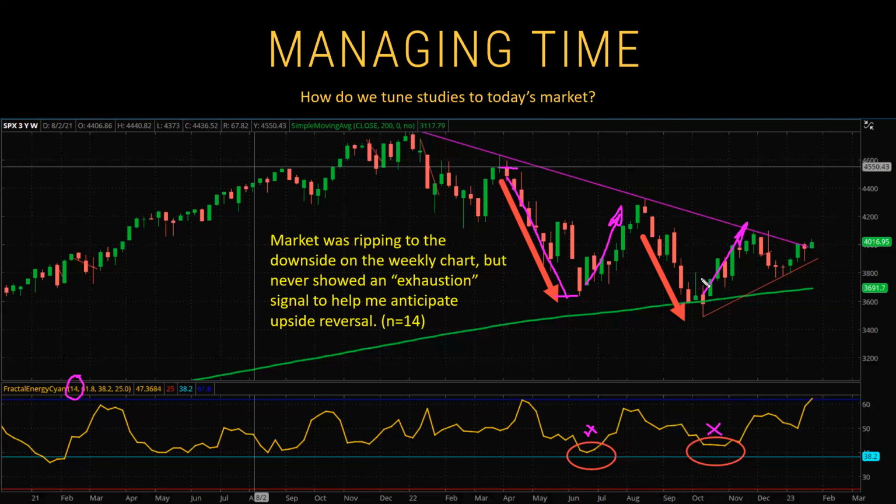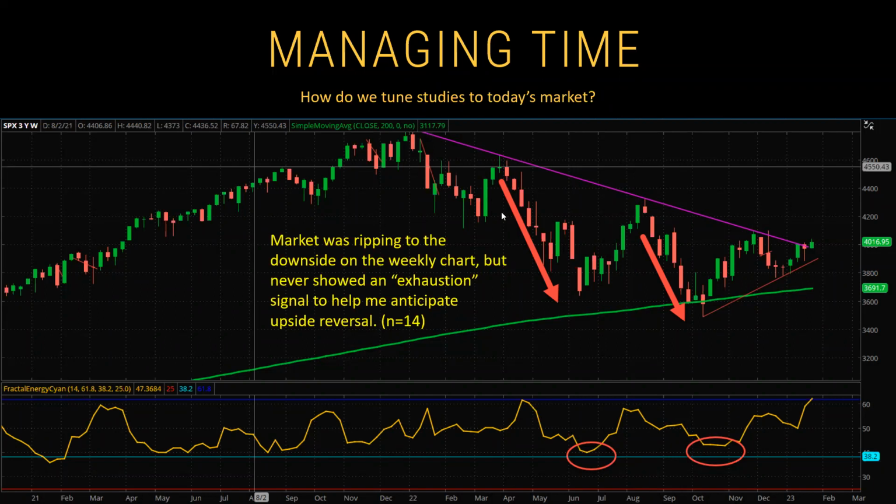Those can be extremely valuable because the implied volatility crushes like crazy, and it becomes a very simple trade if you're selling puts on a strategy like this. So I really need to be able to identify these. And I was not able to do that because the indicator was too slow.